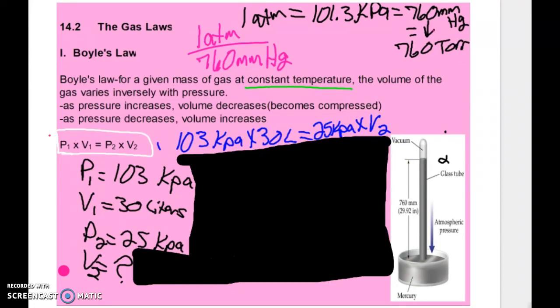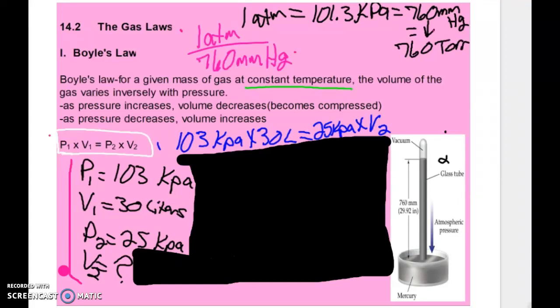So if we have the equation, and I've written over here the values of P1, V1, P2, V2 and so forth. In the equation, P1 is 103 kilopascals. Kilopascals is really commonly used to express pressure, as are atmospheres and millimeters of mercury.